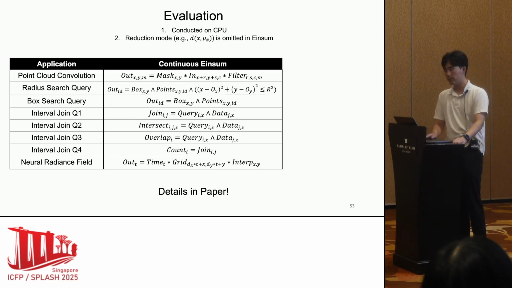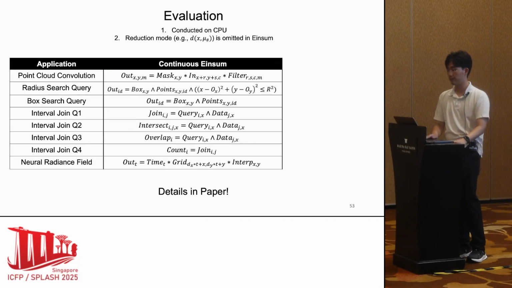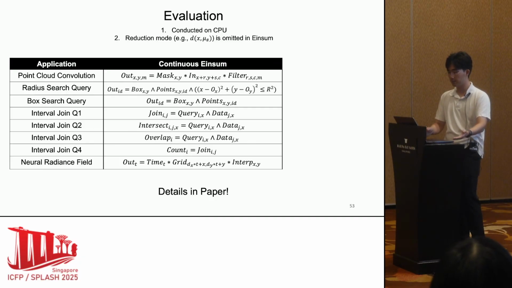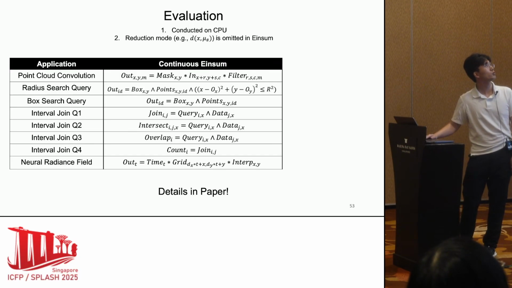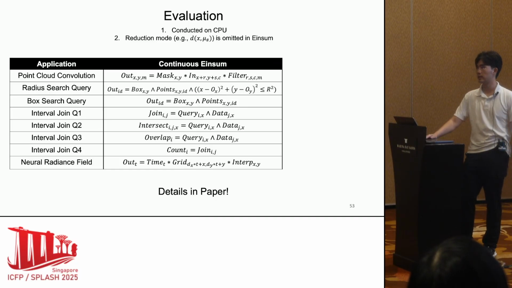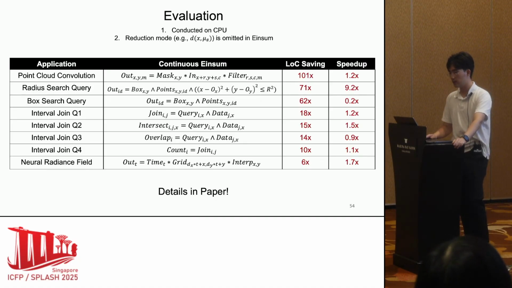What's so powerful here is that our model can naturally express many applications that are very hard to write in traditional tensor languages. From geometric queries like radius search or box search queries, to interval joins and point cloud convolution, each of these can be written in continuous einsum very concisely with just one or two einsums.